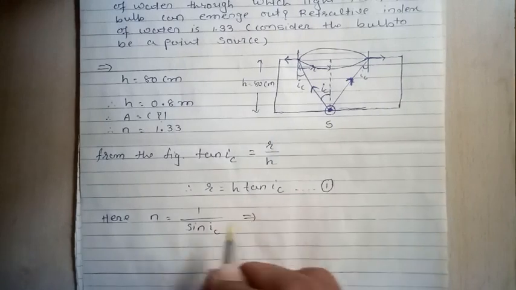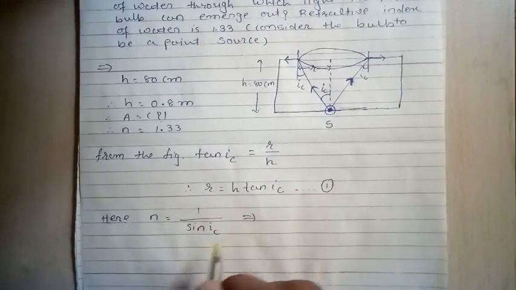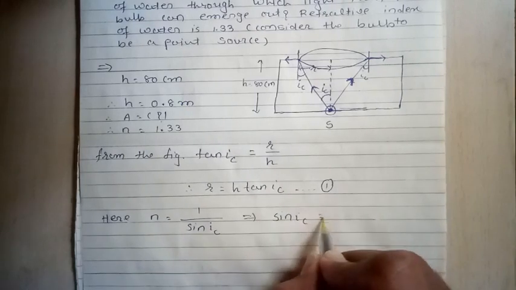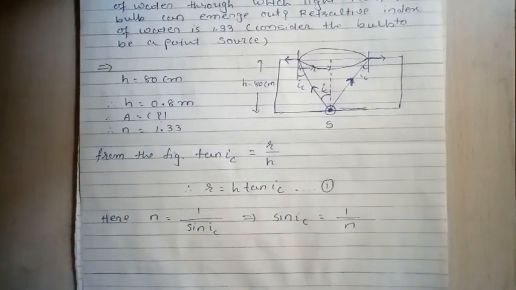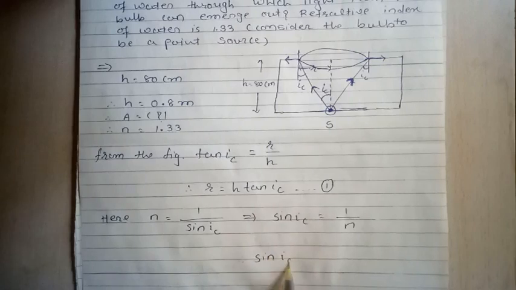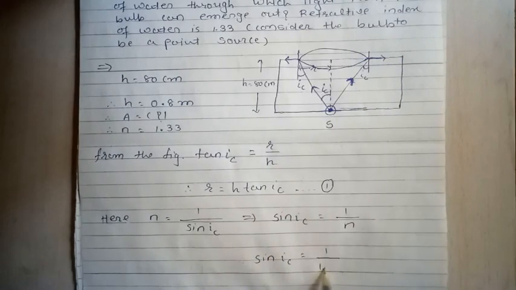So we can formulate sine IC is equal to 1 upon n. We know the value of n, 1.33, which is the refractive index of water, right? So sine IC is equal to 1 upon 1.33.